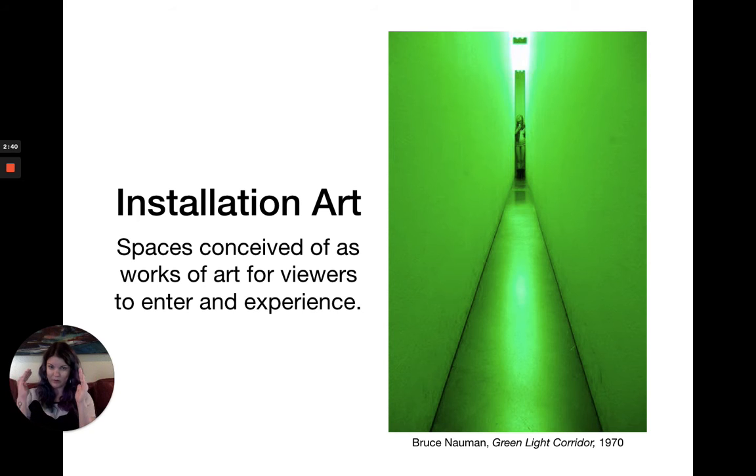It was just this very narrow, strangely lit, bright green lit space that people had to walk through. And so that was the art. The art was created by making this narrow space and lighting it in a certain way, and then the experience of walking through it and the feeling of discomfort that that created. And that was the artwork.